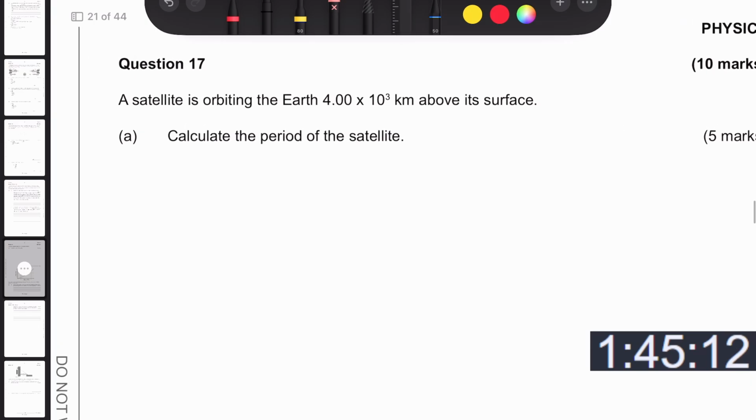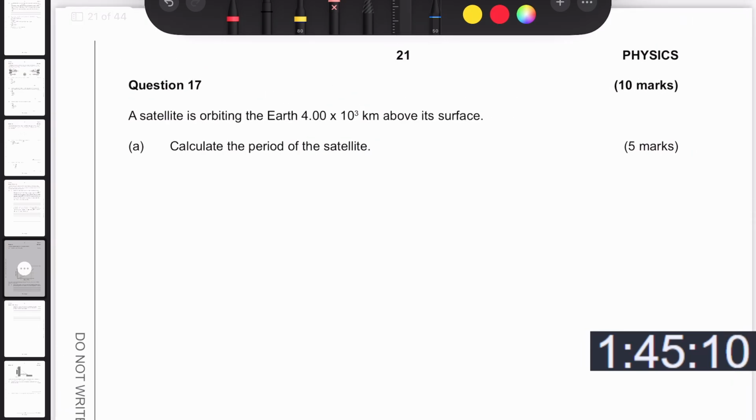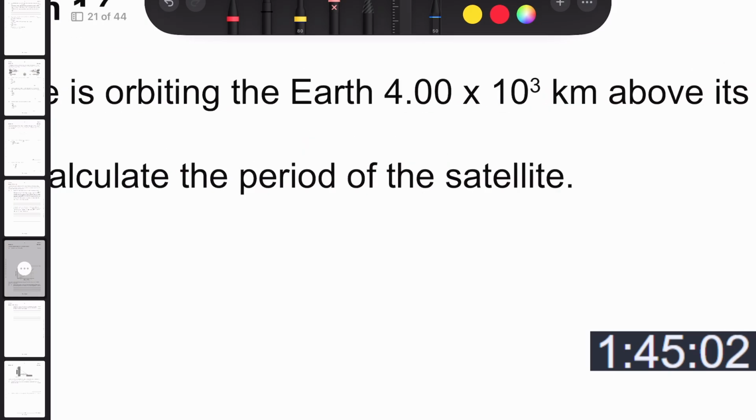Okay, a satellite is orbiting Earth above the surface. Calculate the period of the satellite. So the radius is going to be equal to 4 times 10 to the power of 6, plus the radius of the Earth.